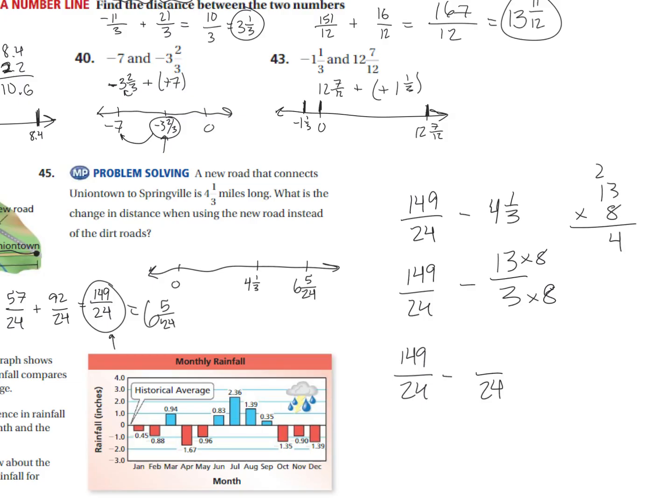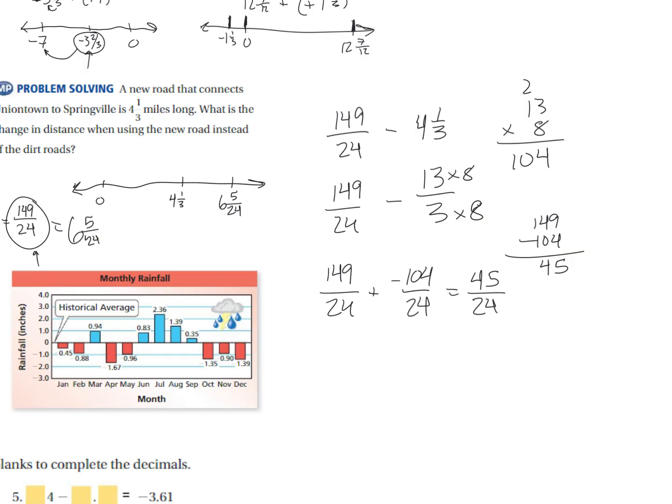I get 104. So from here I can change this to a subtraction. 149 minus 104 is 45. So we get 45 over 24. Looking at this, I can see that I can take out a 3 out of both of them. So this would end up being 15 over 8.